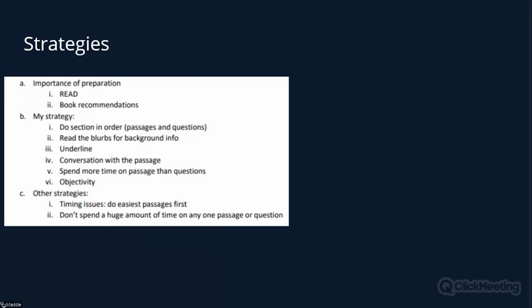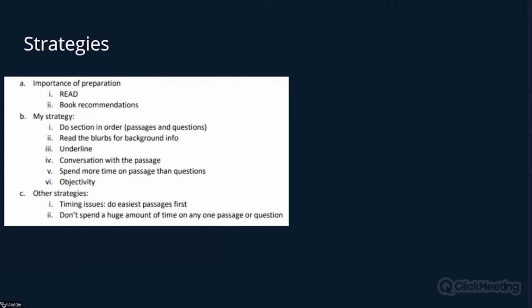Maybe spend a little more time on each passage, and if you get to the end and there are 5 questions left, that's fine. We can talk more about that if you have questions. People do various things to cope with the timing issue, but I think a good rule of thumb is to not spend a huge amount of time on any one passage or question.